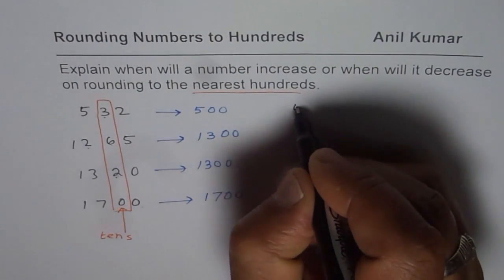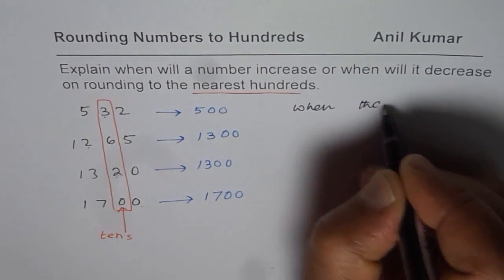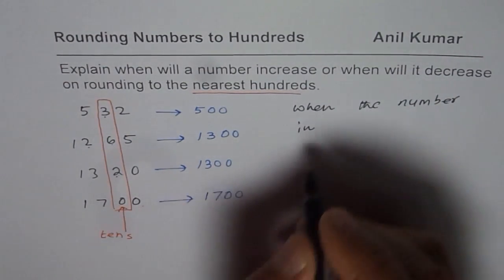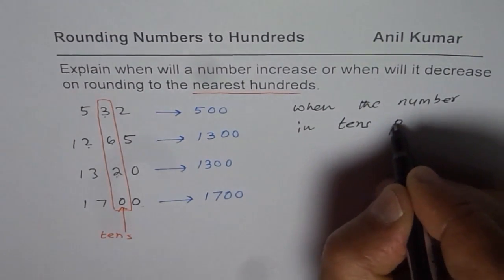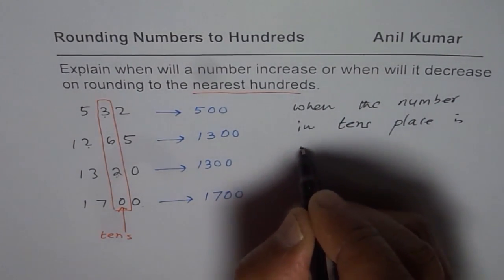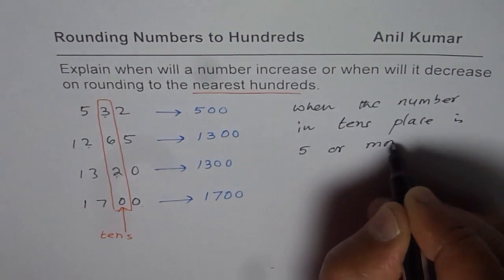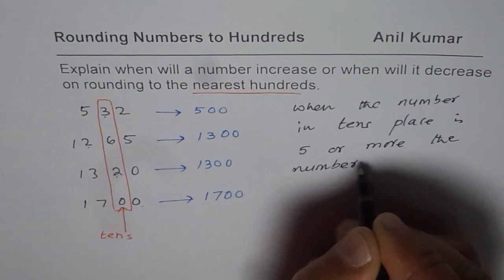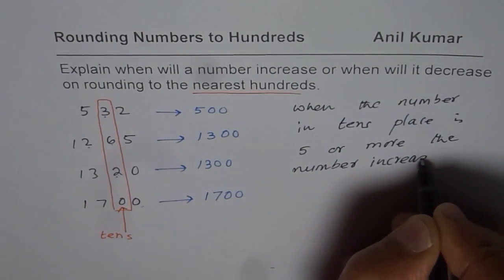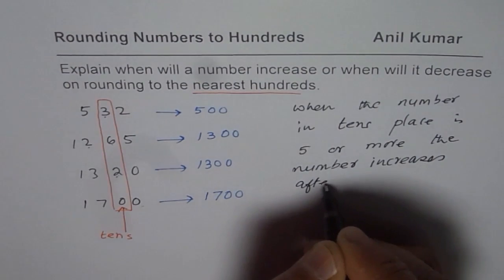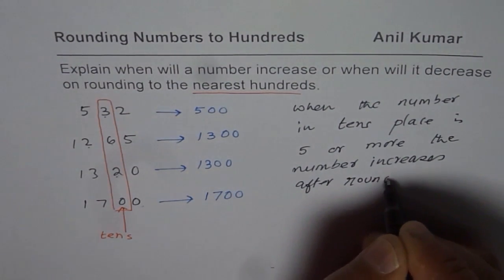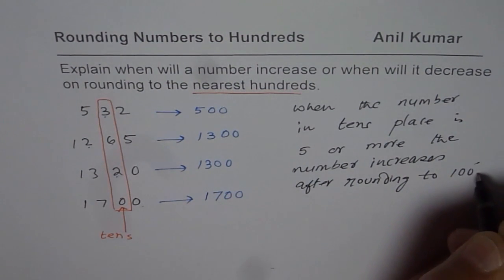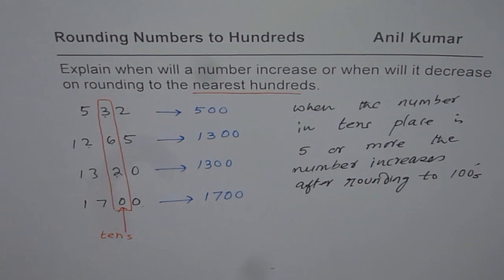So when the number in tens place is 5 or more, the number increases after rounding to hundreds. Is that okay? After rounding to hundreds, right?